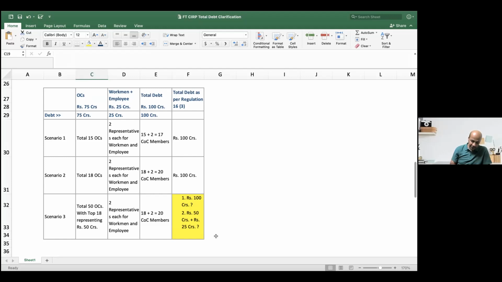And the interim resolution professional shall convene the first meeting of the committee within 7 days of the filing of the report under the regulation. Which means after the committee has been formed, the adjudicating authority has been informed, and the IRP has confirmed whether fast track is applicable to this corporate debtor and accordingly notified the adjudicating authority, then the IRP should convene the first meeting of the committee within 7 days after filing the report with the adjudicating authority.